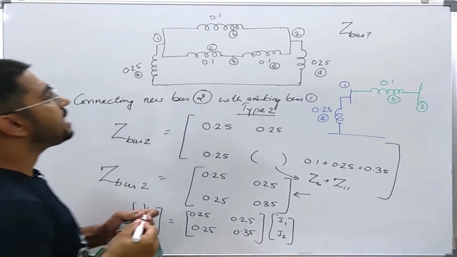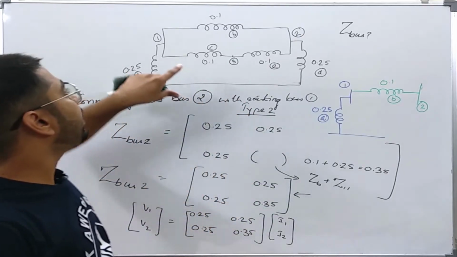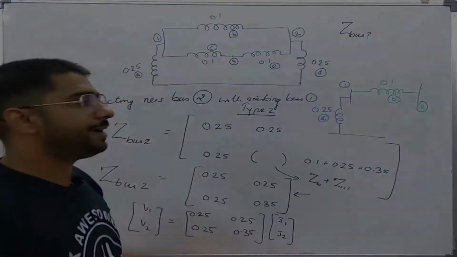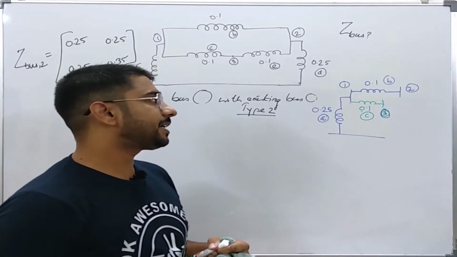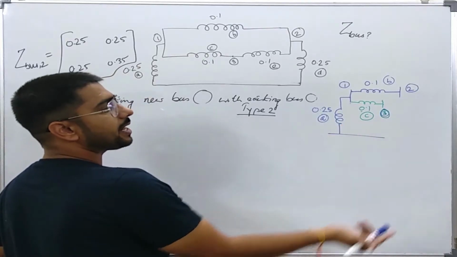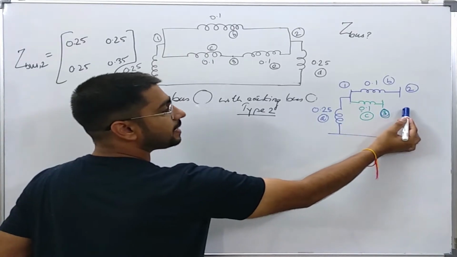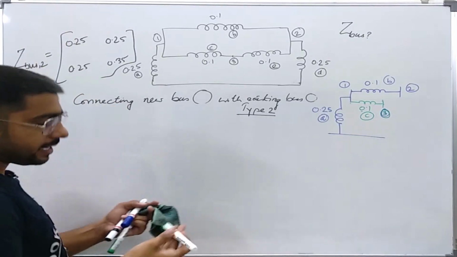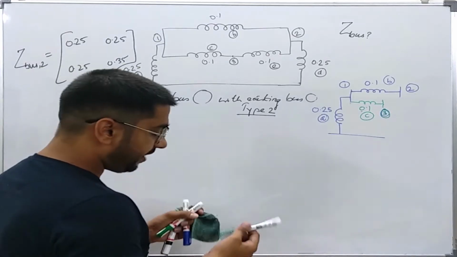Now in the next step, we will try to add element number C. Now let's see the next step. We are adding element number C, that is, we are connecting a new bus number 3 to the already existing bus number 1. So it is again an example of type 2 modification.